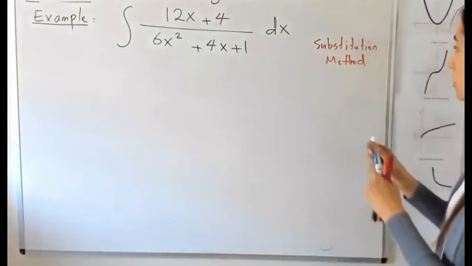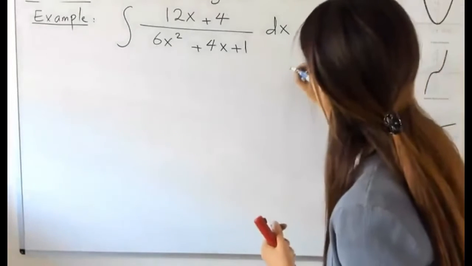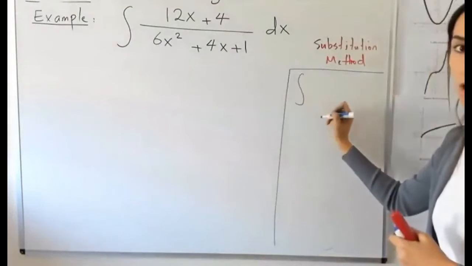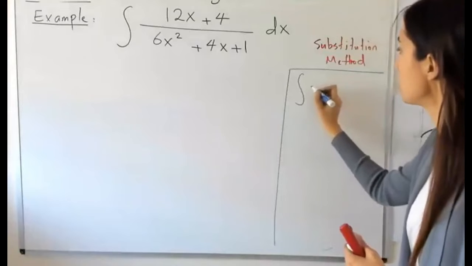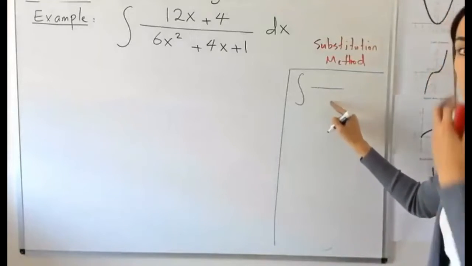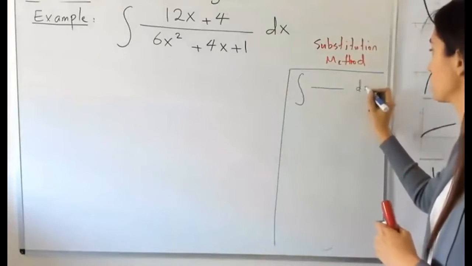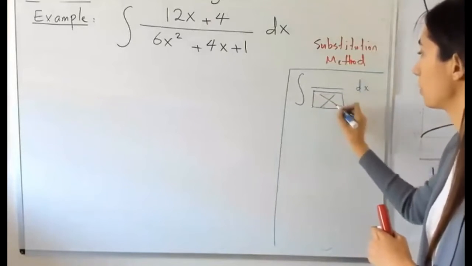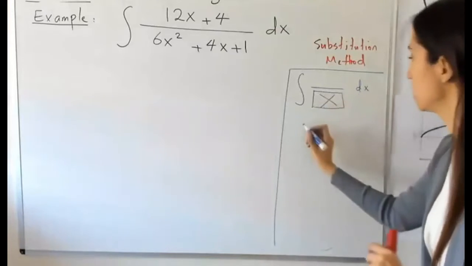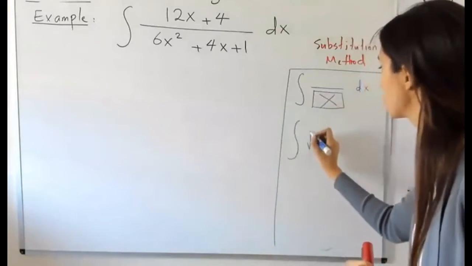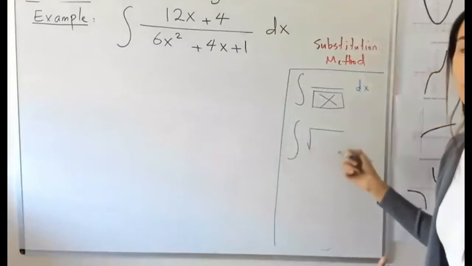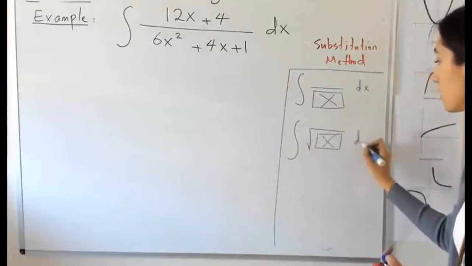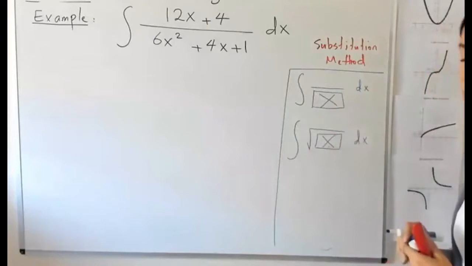In general, if you have functions of this form, if you have integral of something on the numerator, something on the denominator, dx, take a look at your denominator. So the denominator is your target. If you have integral of square root or nth root of a quantity, then your target is the quantity inside the radical.